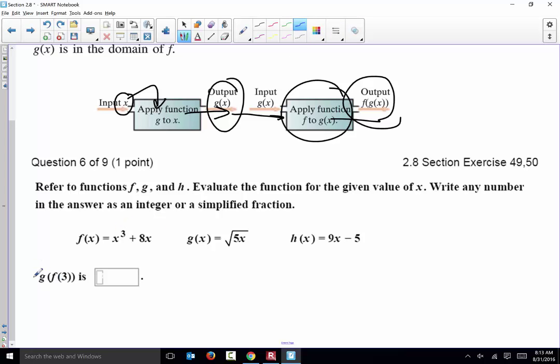Okay, what do you see here? This is the question. What letters do you see? G, F, and a passenger 3. Okay, so I'm going to cover H. H is not going to be used in this question. Alright, I locate my passenger first. Where is he?